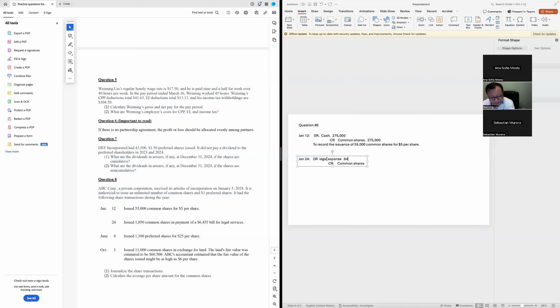So that's $6,450. This one is to record the issuance of 1,050 common shares in exchange for legal service.